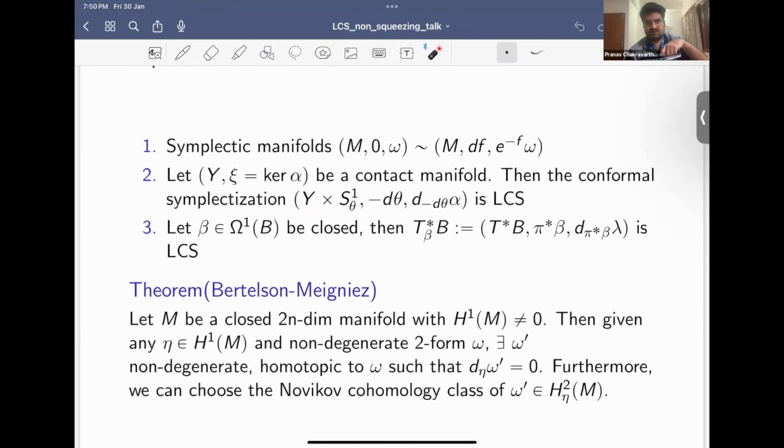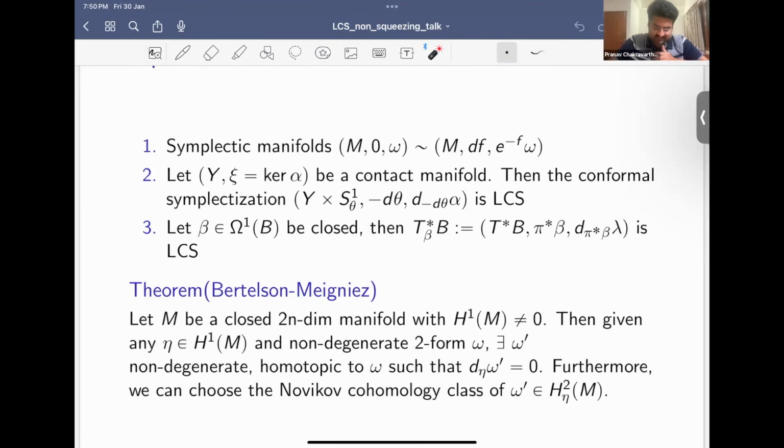And what descends down to the quotient is no longer a symplectic structure, because each time you'll be scaling your e to the d alpha. And so what descends down to the quotient is a conformal symplectic structure. And this is called the conformal symplectization of the contact manifold.